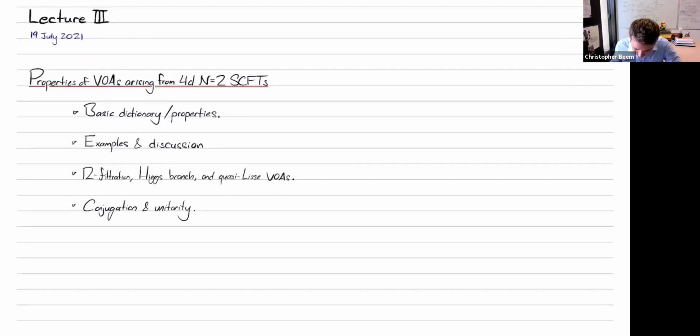So if we get through everything, we're going to run through some immediate, basic properties of the vertex algebras that come out of this construction. I'll gesture towards some examples where we have some sense of what the vertex algebras are.